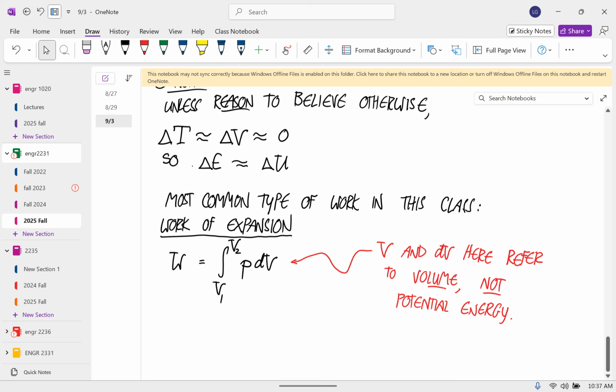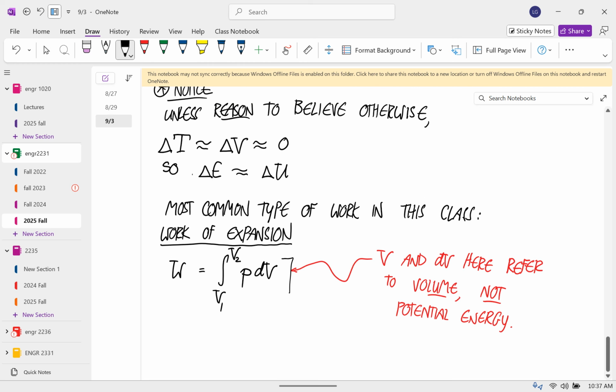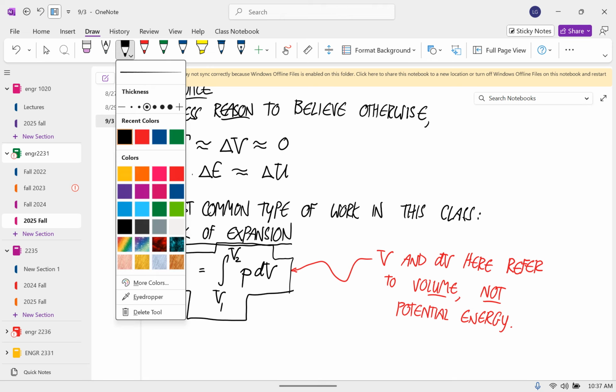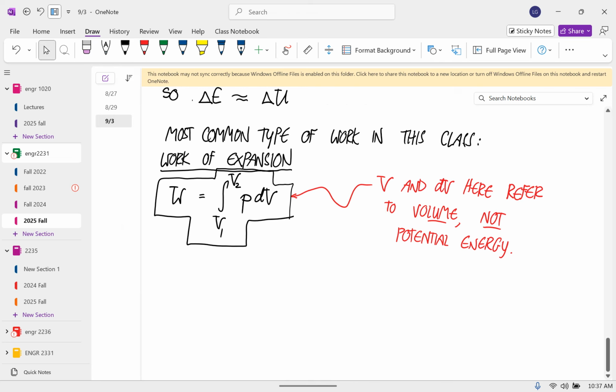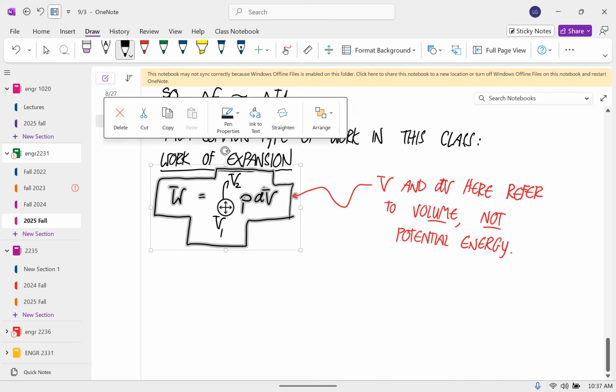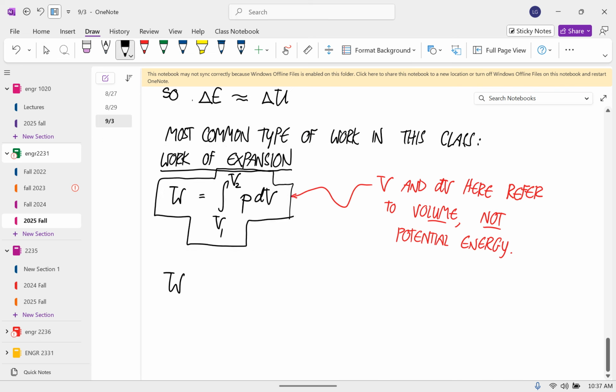One thing that this tells us is that the work is always positive if the gas expands.